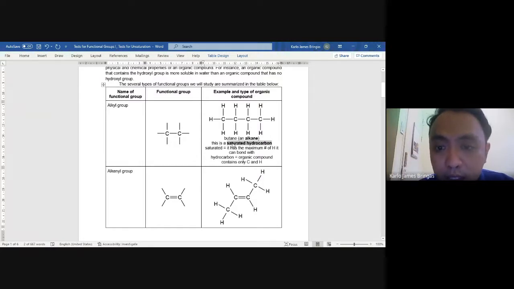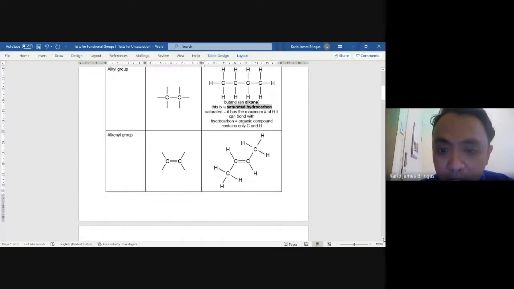In contrast, sa ating alkane, itong alkene natin sa baba, like for instance this one, if you notice, this carbon over here that I'm pointing at, so hindi siya nag-contain ng maximum of 4 hydrogens.